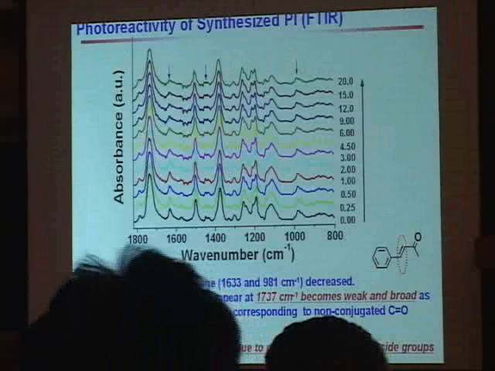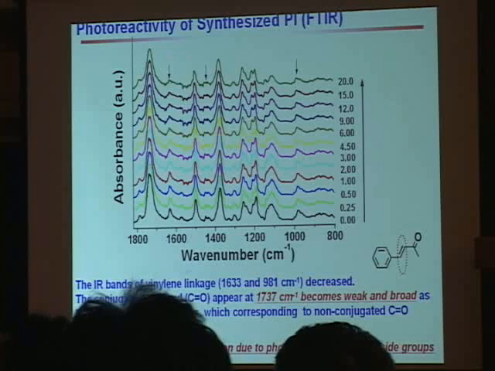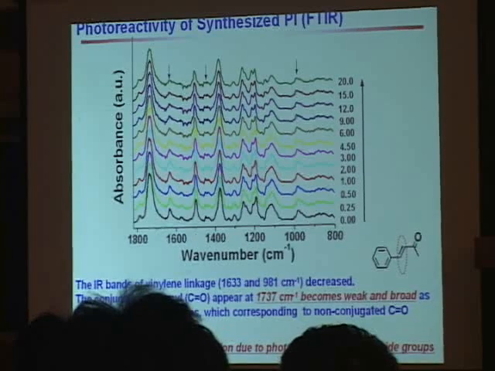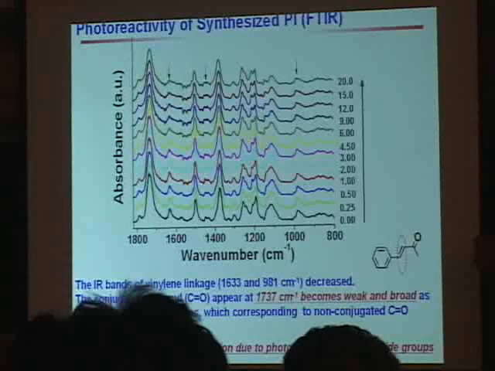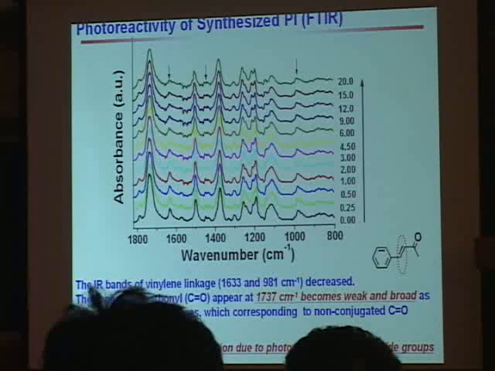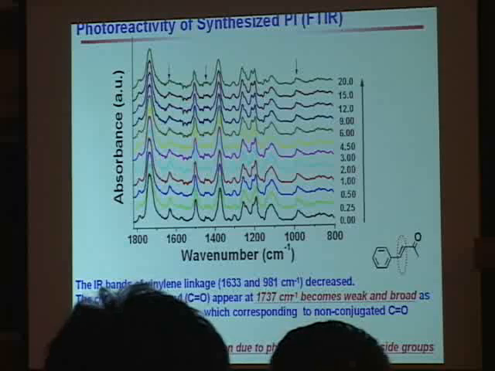And one more thing is that the 1737 cm-1 peak becomes weak and broad, corresponding to non-conjugated carbonyl stretching. Conclusively, it means the loss of pi conjugation due to the photodimerization of the side group. So we think this photosensitive polyimide undergoes photodimerization under irradiation with unpolarized UV light.